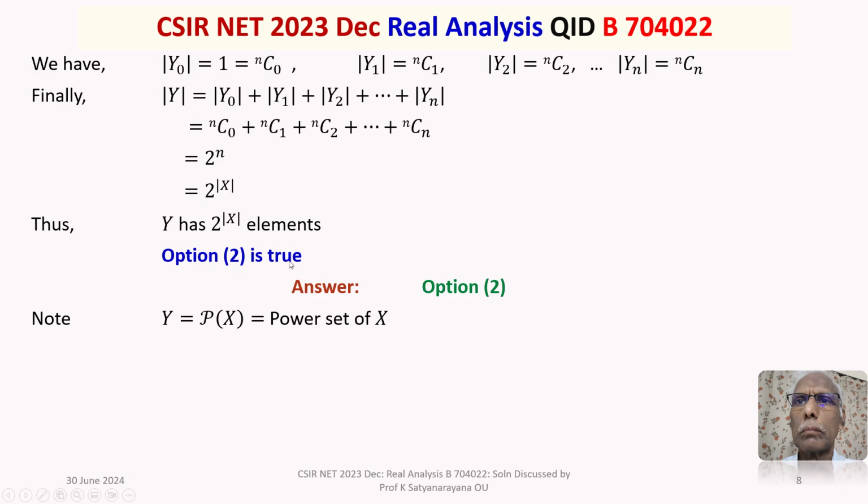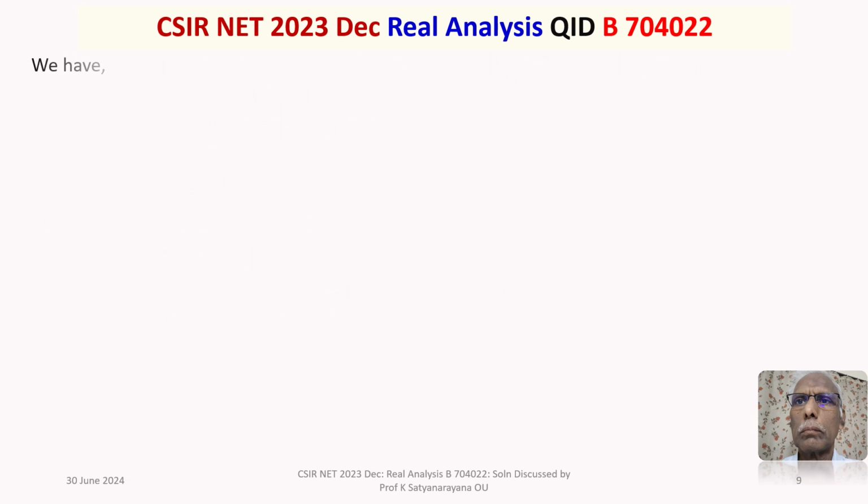But having proved this one, proving that the remaining options are not true will be a waste of time, and that is not needed actually. But anyway, some of the students want to see how the remaining are not true. I'll show you, but this is of no use.